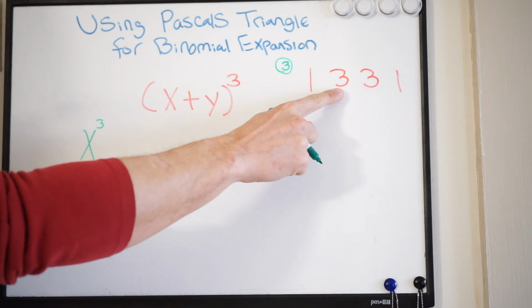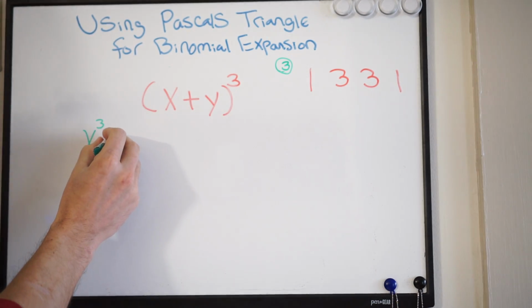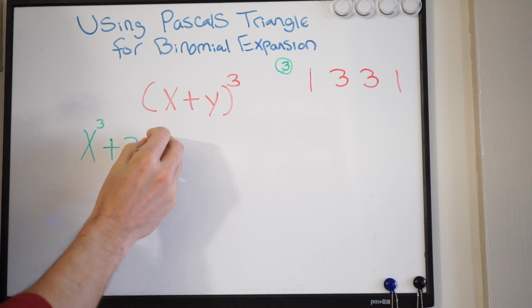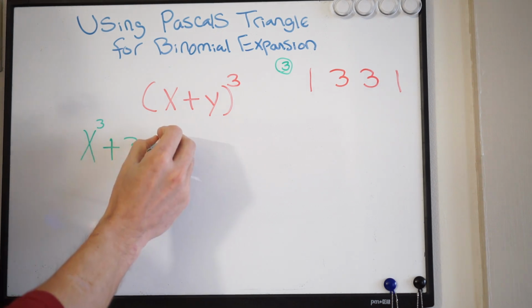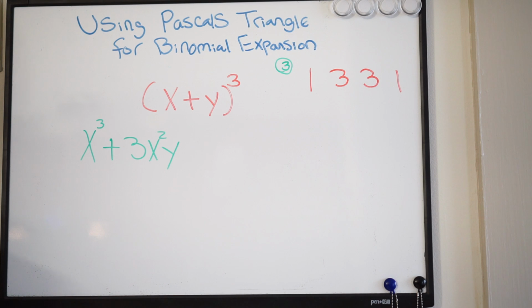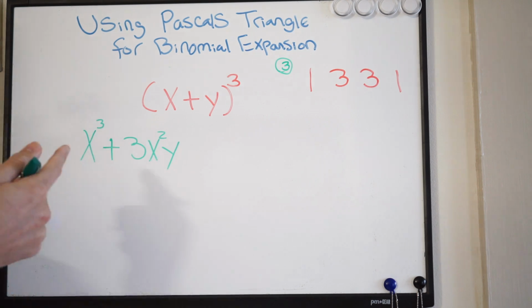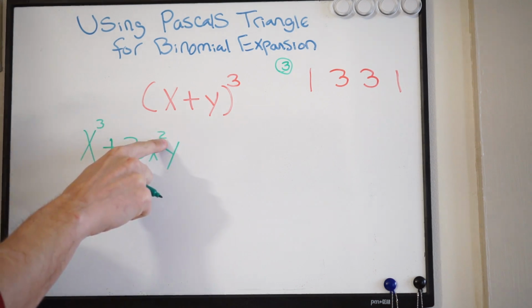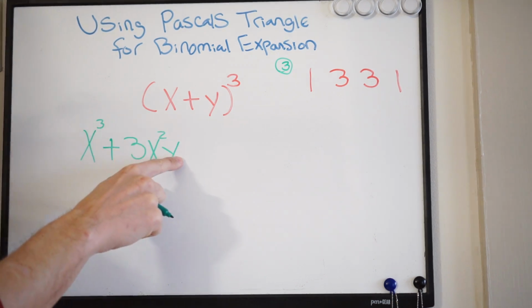Next, we do 3, so plus 3 times x squared times y. Now, can you see a pattern that's going to develop here? We started at x to the third power, and then we went down a degree, and then the y came in.